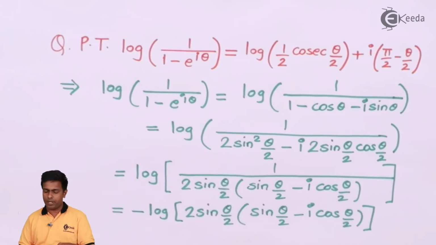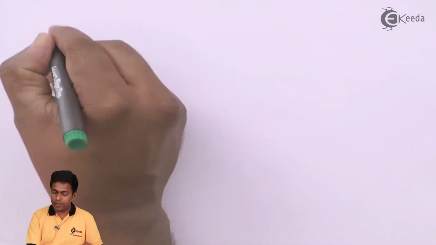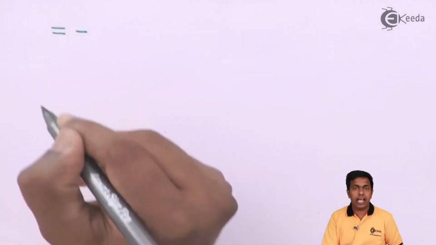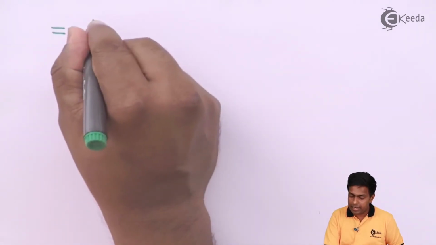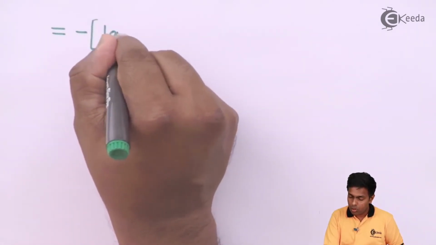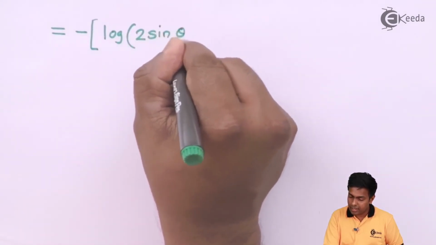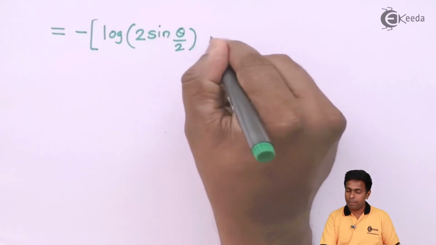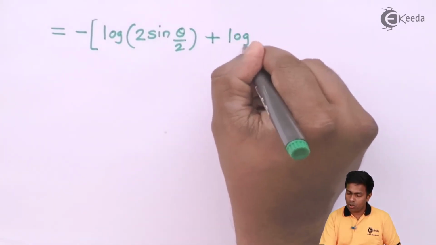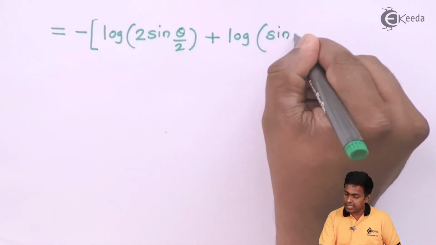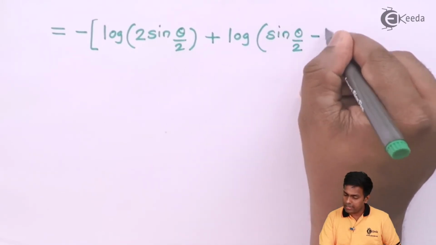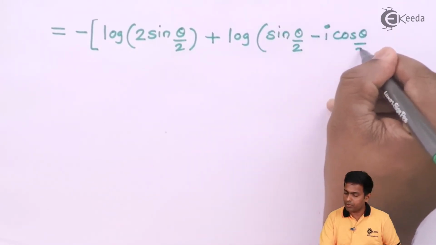So by that property, we get the negative sign as it is, in the bracket log of 2 sin theta by 2 plus log of sin theta by 2 minus I cos theta by 2.